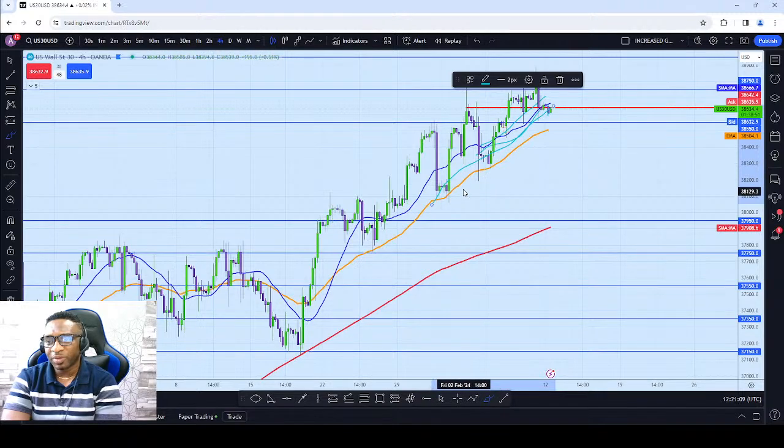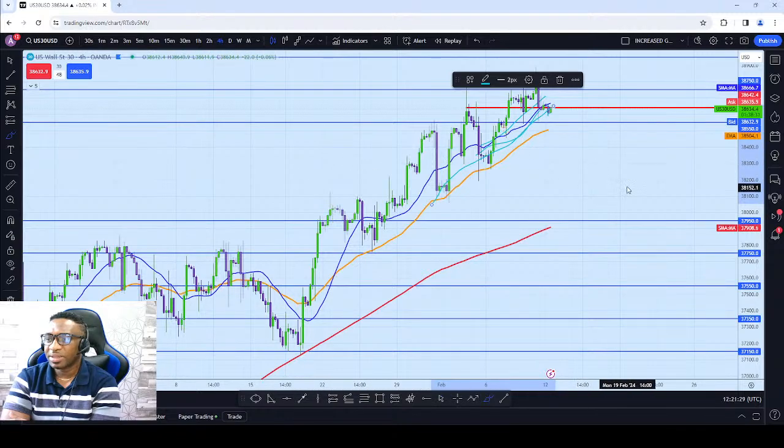So for instance, here we can see that it pulled back in between the 50 exponential moving average and the 20 simple moving average. So over here you can look for entries going up.